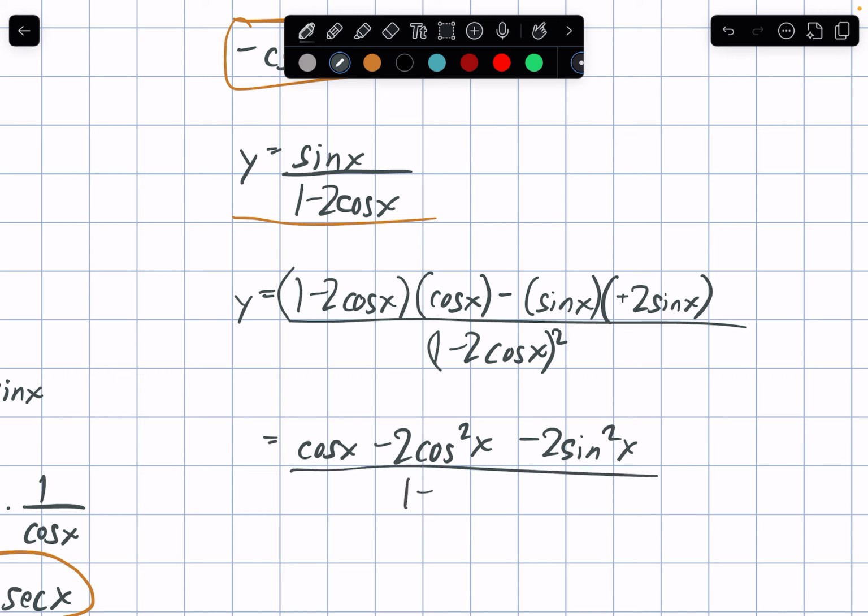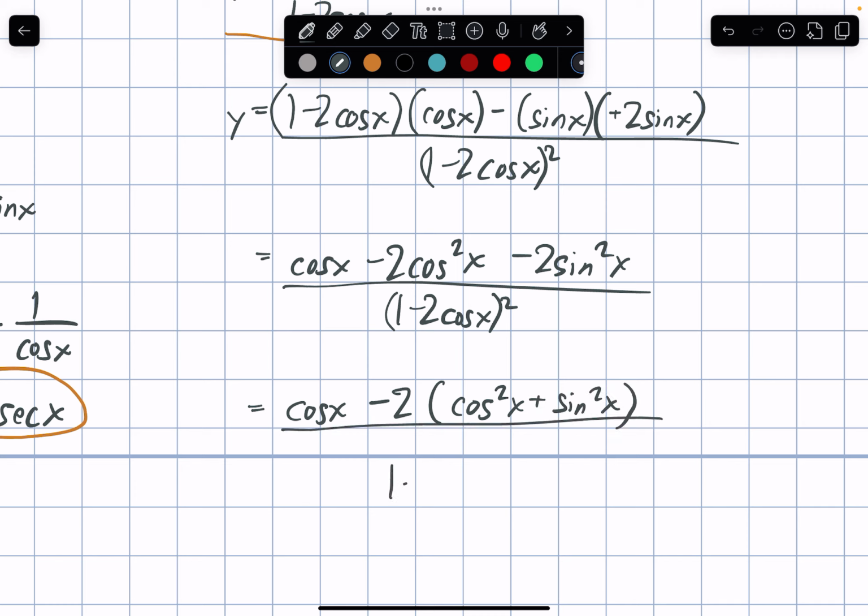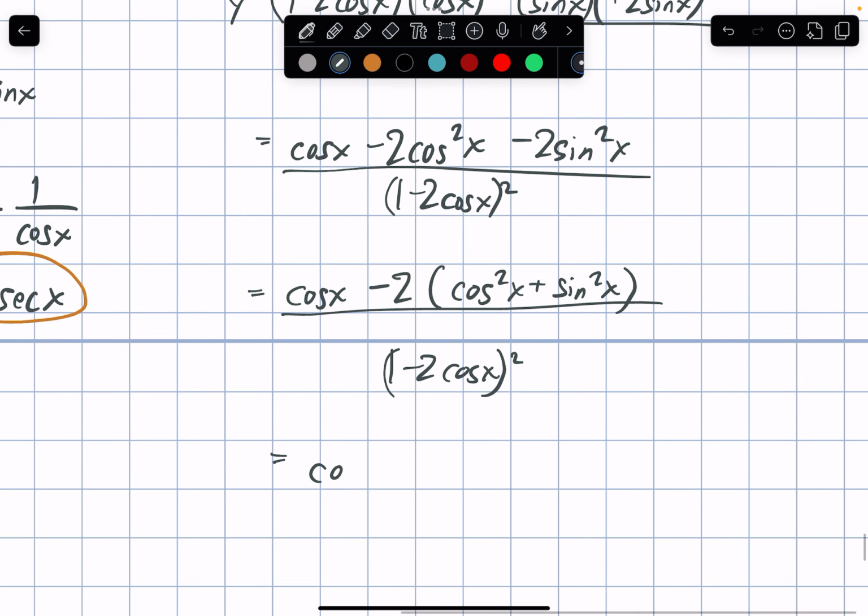I think we can factor something from here. This could be rewritten as minus 2, and then 1 minus 2 cosine x squared. Okay, that's it.